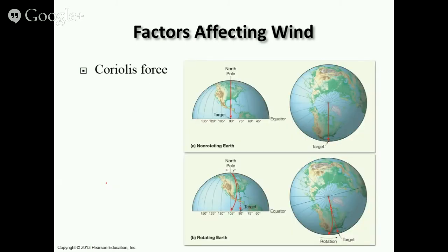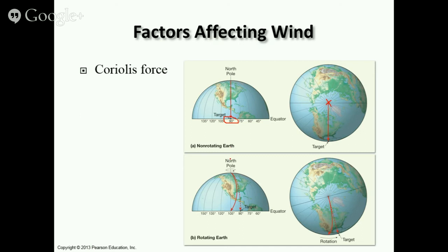So let's consider this. We have a target that is at the equator, and let's consider we have a non-rotating Earth. If I have something like an aircraft that I want to fly from the North Pole on a planet that is not moving, all I've got to do is chart my course and fly a certain meridian or a certain line of longitude south toward the equator, right over North America, crossing close to the Michigan Basin there, and I hit my point exactly.